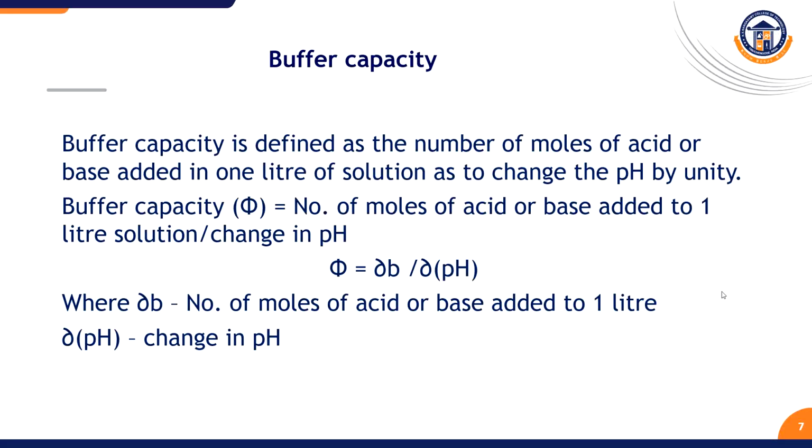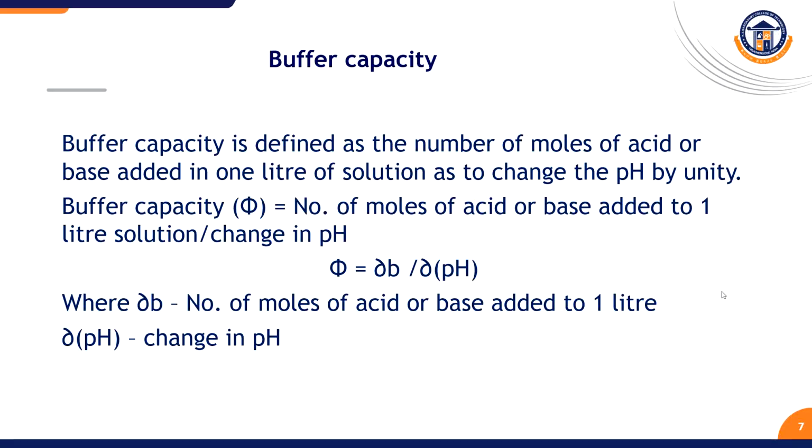Buffer capacity. Even though a buffer maintains a pH very close to the set value, it works only to a certain extent. That is said to be the buffer capacity.